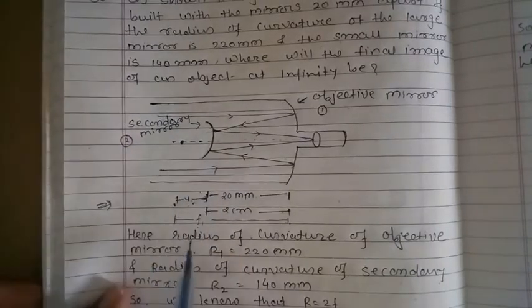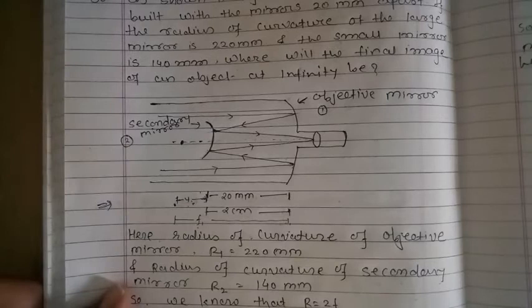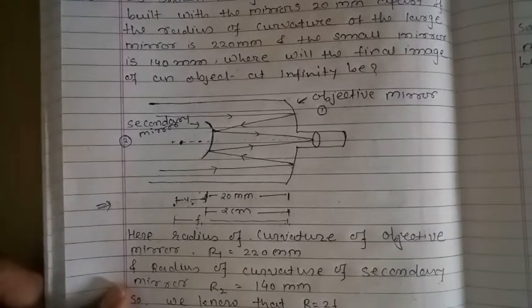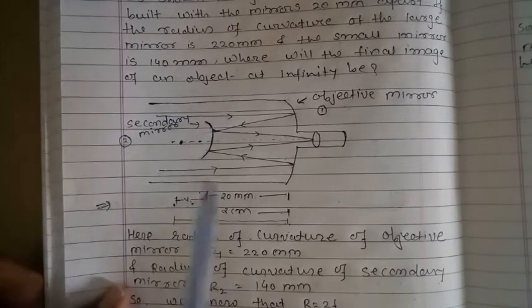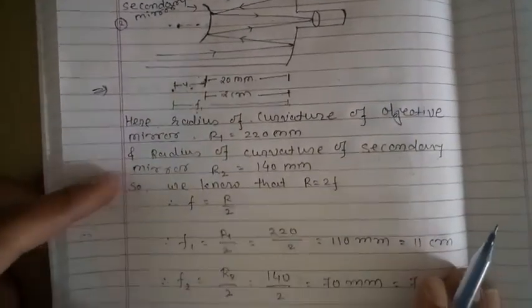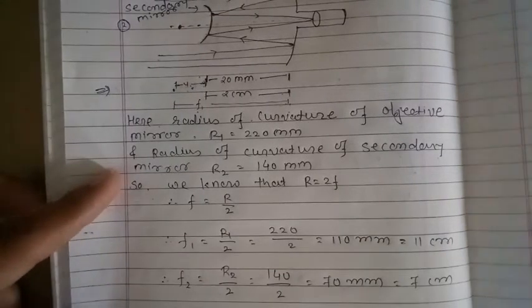So we have to use the mirror formula. We know the formula, 1 by u plus 1 by v is equal to 1 by f. But here the image is due to the secondary mirror, so we have to use f2 instead of f, right?